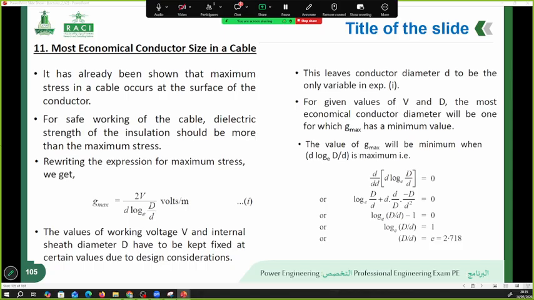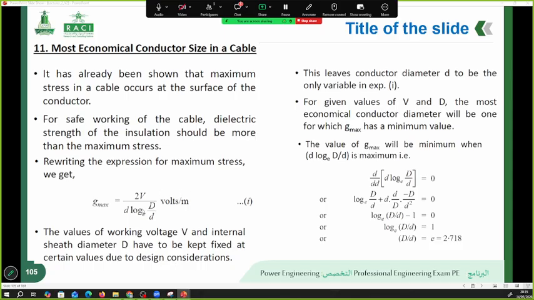So the maximum stress is given by this formula. To determine the most economical conductor size, the values for voltage V and the internal sheath diameter D are considered fixed due to the design requirements. This leaves the conductor diameter, small d, as the only variable in the equation for maximum stress.